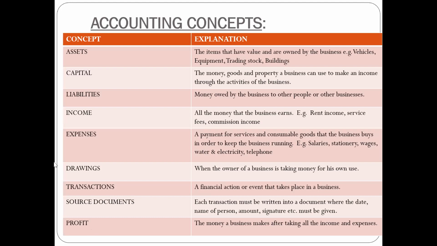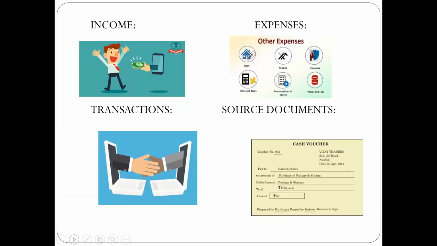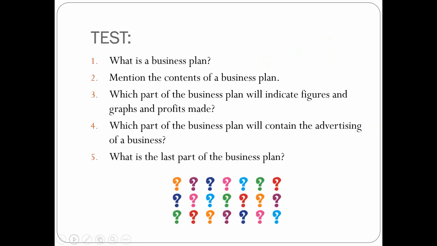Then we're going to move to the small test that you're going to write. So I hope you've got a pen and a paper ready there. There are only 5 questions, and then I'm going to give you some time to do this. Question 1 is, what is a business plan?